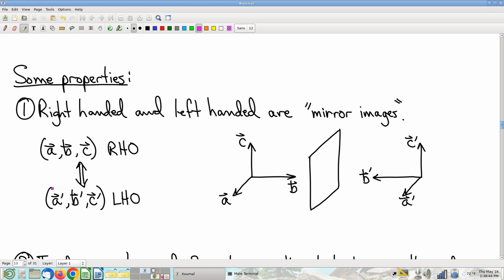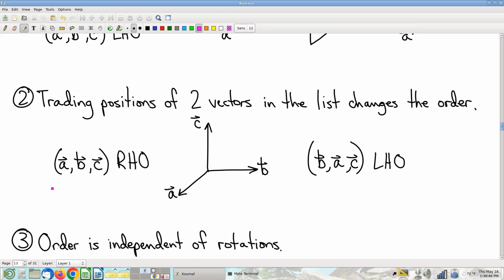Just like with clockwise, counterclockwise. If you trade the position of two of the vectors in the list, it changes the order. Just like clockwise, counterclockwise. Maybe a little bit less obviously so. But still, same fact. Trading two positions changes the geometry.